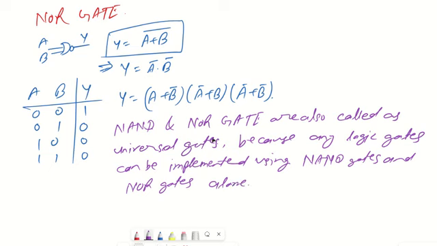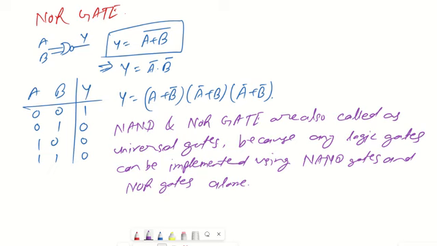So only by using NAND gates or only by using NOR gates, you can implement any of the gates, whether it is AND gate, OR gate, NAND gate, or NOT gate. Any gates are there, you can implement them.